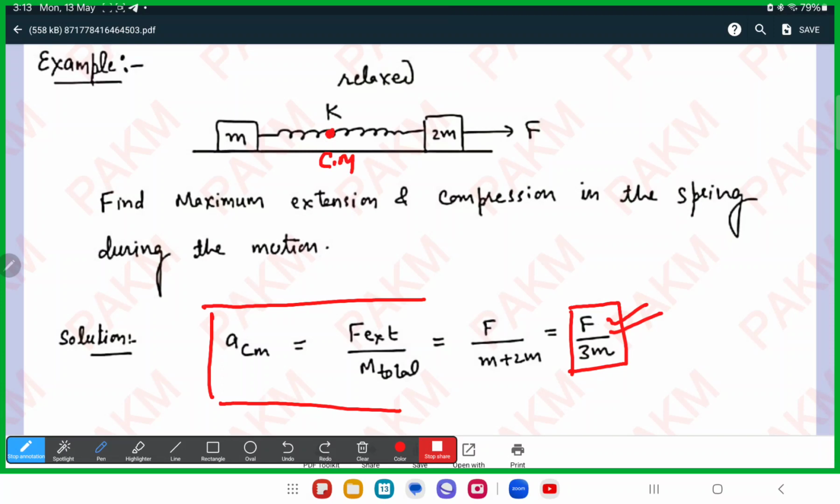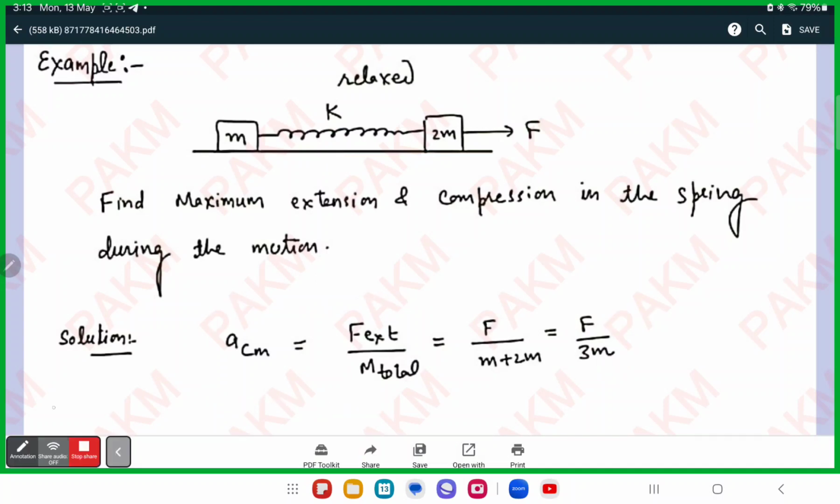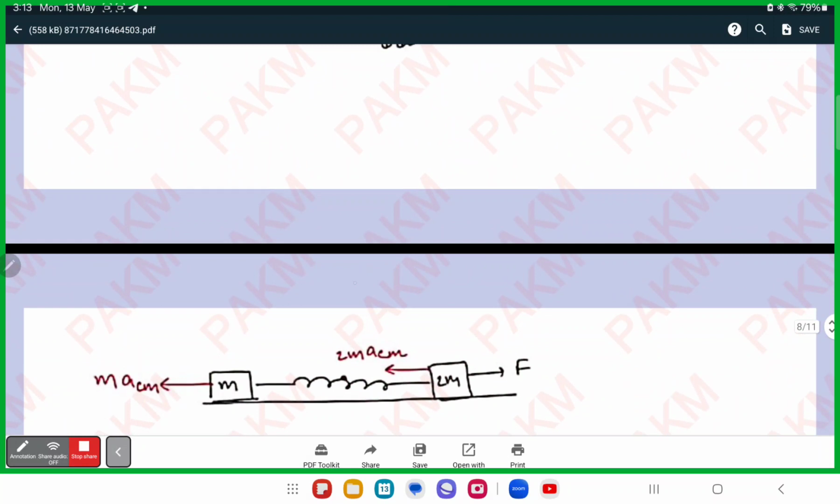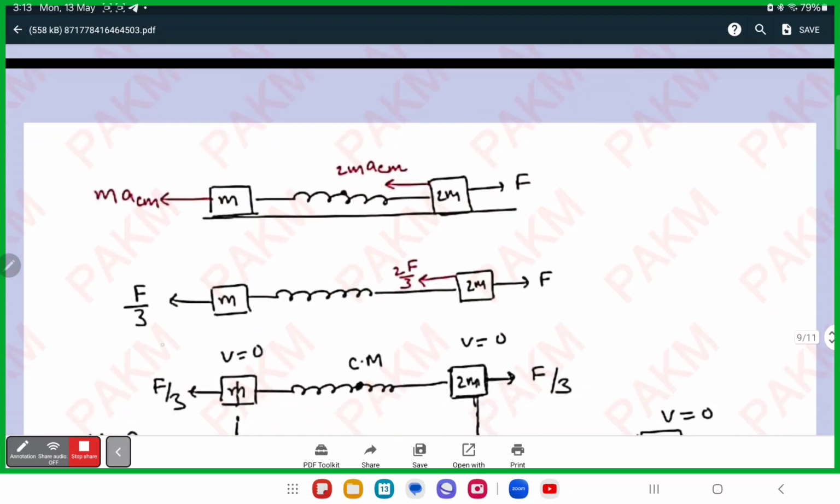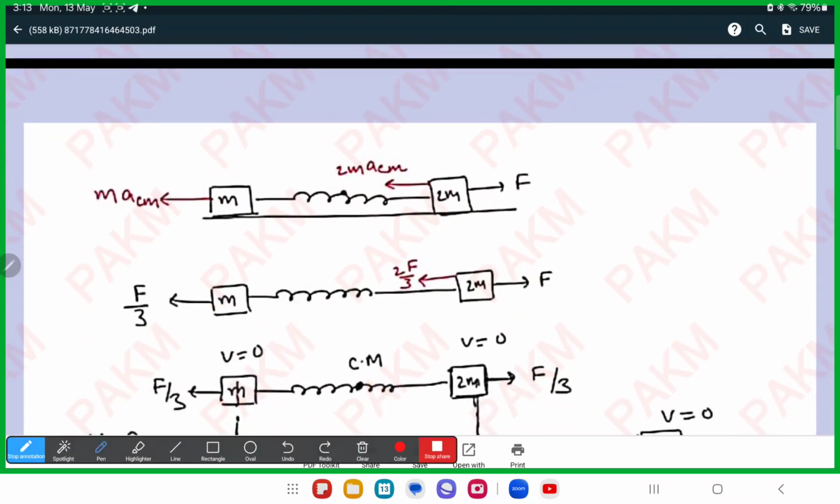Now, since with respect to the center of mass we are observing M1 and M2, we have to apply a pseudo force. These are the situations with respect to the center of mass.